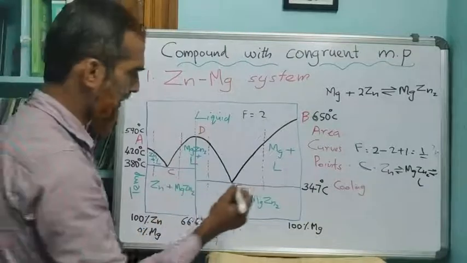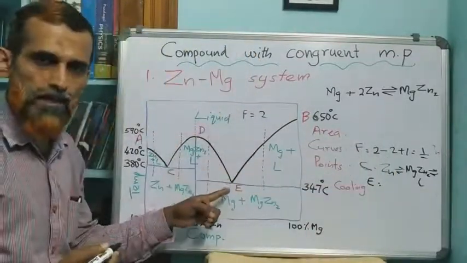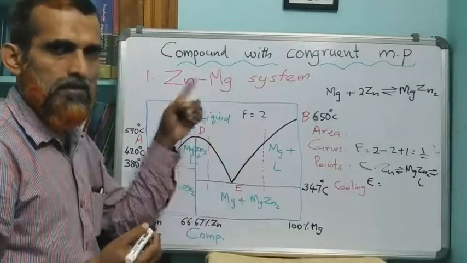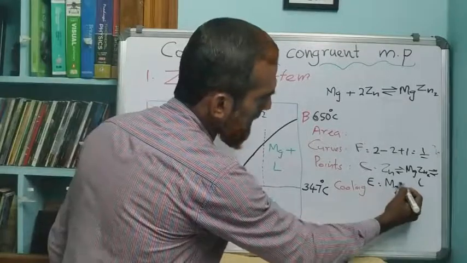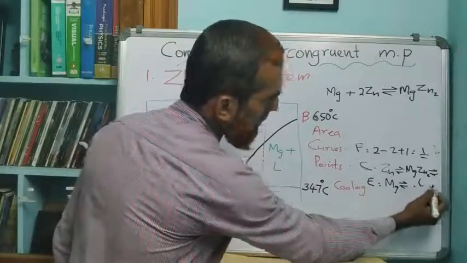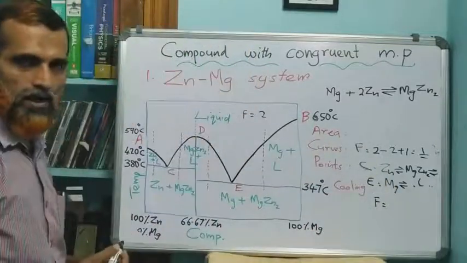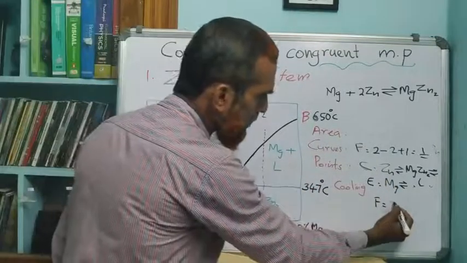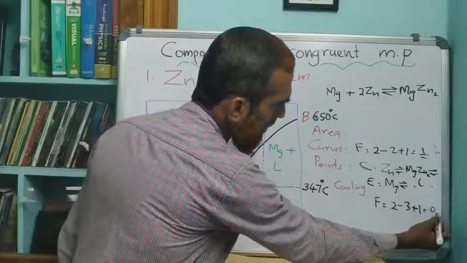Three phases in equilibrium. What about point E? At point E, it will be solid magnesium, then the compound and the liquid. Instead of zinc, it will be magnesium. Everything else remains the same. Applying the phase rule at these eutectic points, F equals 2 components minus 3 phases plus 1 equals 0.